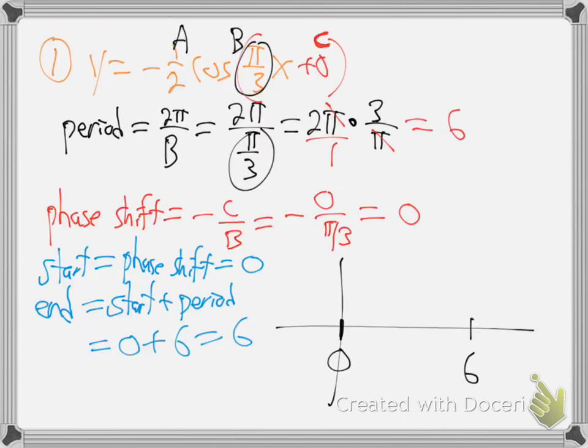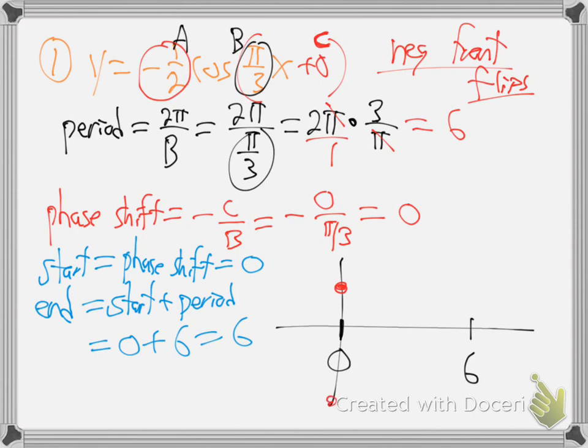So getting back to it, we know we're going to go from 0 to 6, and I'm going to put a cosine graph in there, which means I'm going to start high, go low, come back high, do a U, but what? I bet some of you know. Why? It's not going to really be a normal U in here. Why not? Yeah, good job, because of that negative. What is that negative in the front going to do? Flip it upside down. Remember, negative in the front flips it, for any of these graphs.